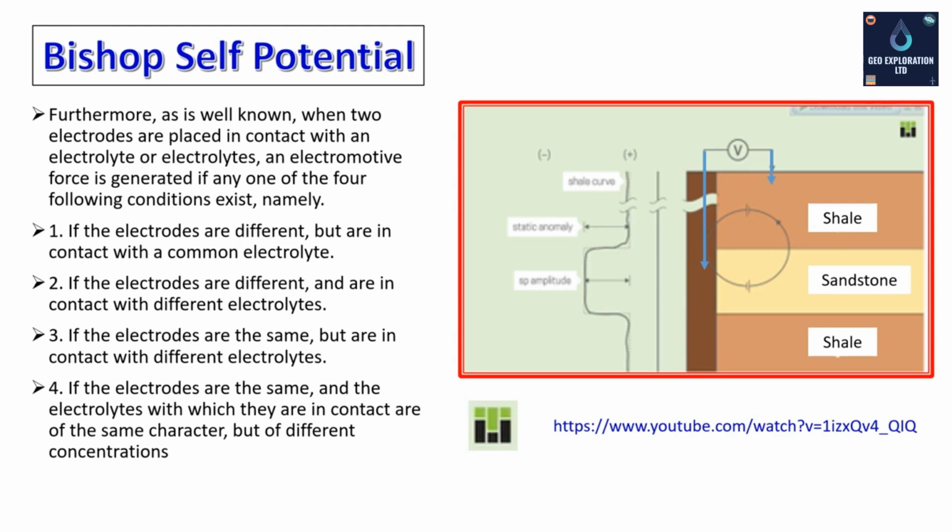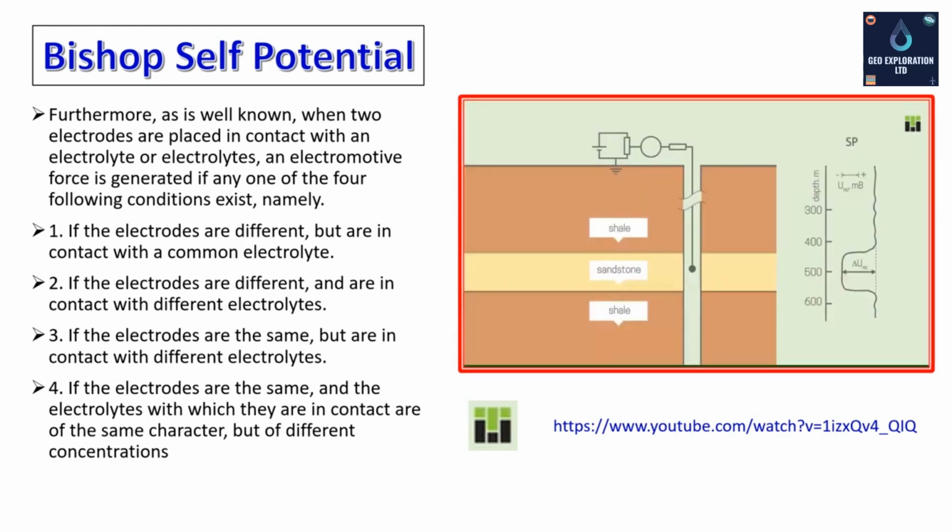The wellbore is filled with drilling mud and rocks are saturated with formation water. These fluids have different salt content, and on the boundary between them, various electrochemical processes take place, such as diffusion and adsorption of salt ions, which create natural electric fields.